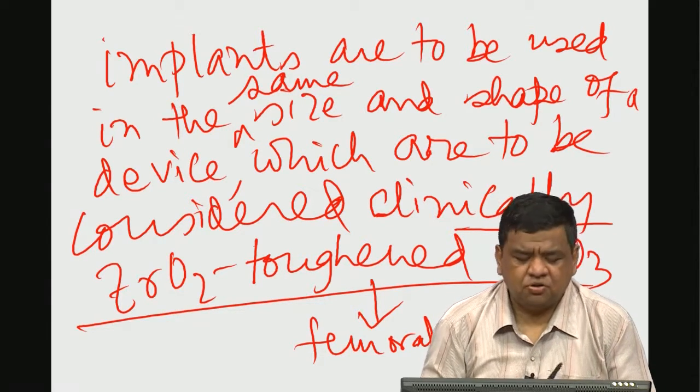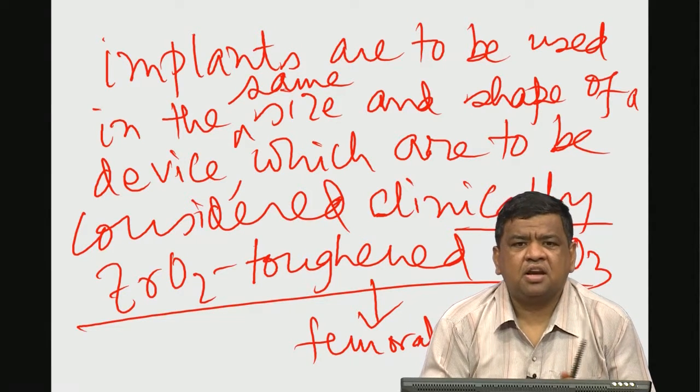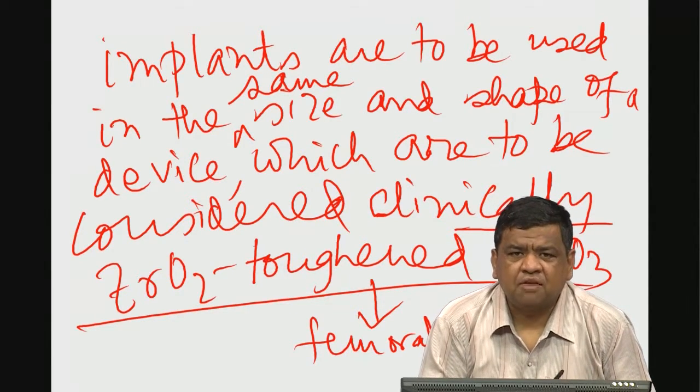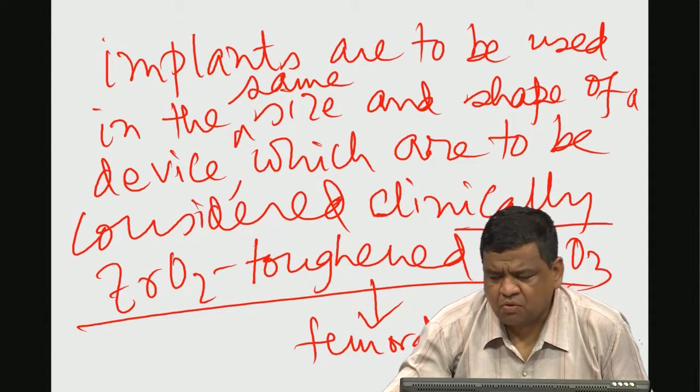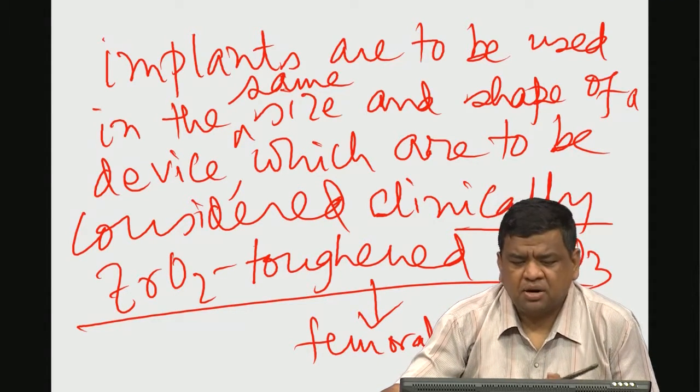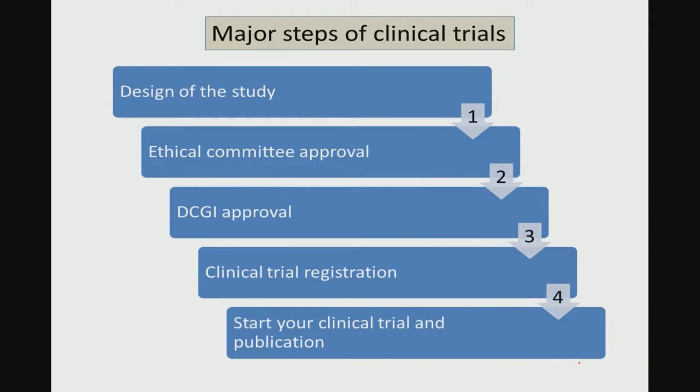So, that point needs to be very clear. Clinical trials are very important, very critical and very sensitive. Therefore, all the serious approaches need to be taken as required for the final commercialization of the biomedical device.